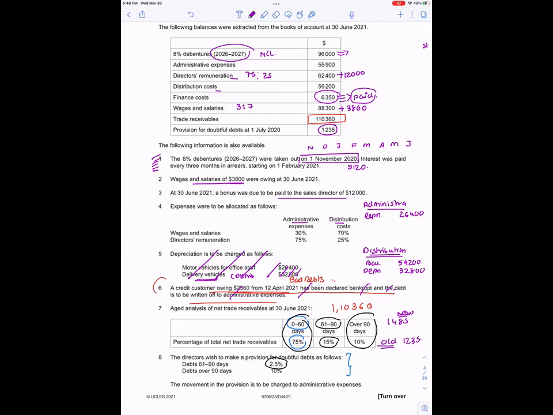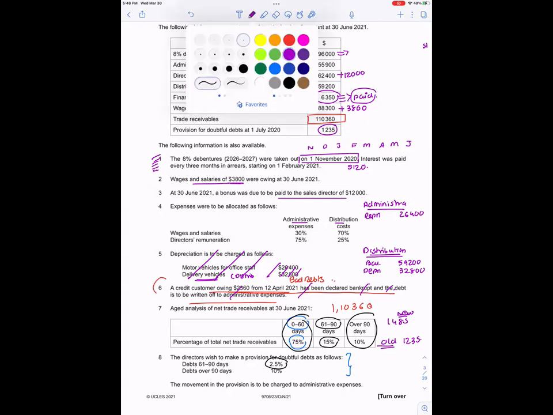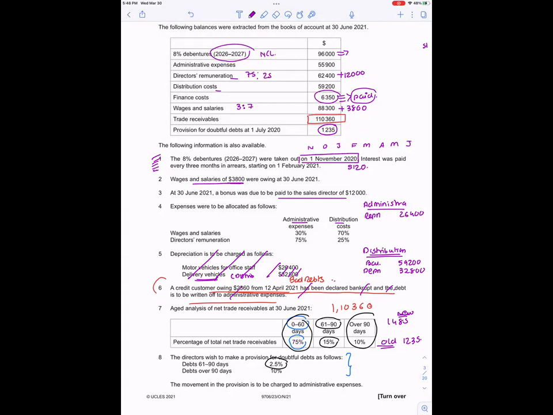So only the increase or decrease is recorded as an expense. The old provision was 1235. So 1485 minus 1235, 250 is the increase in provision for doubtful debts. Where will it go?